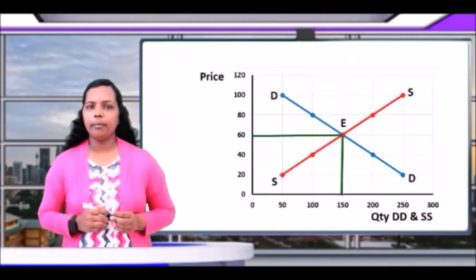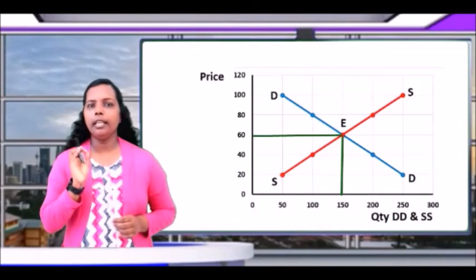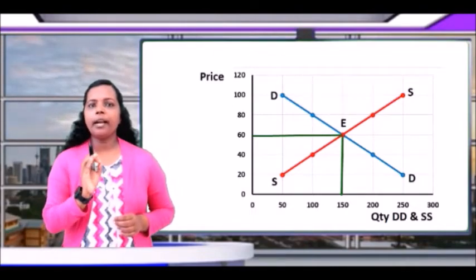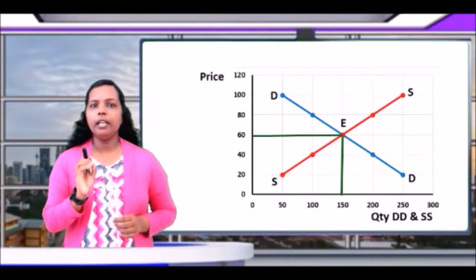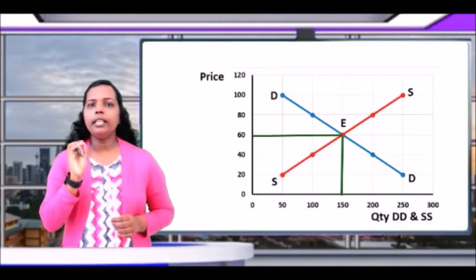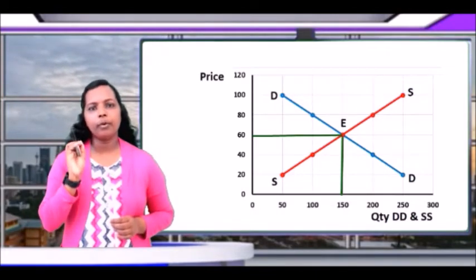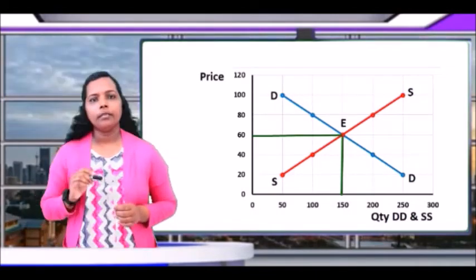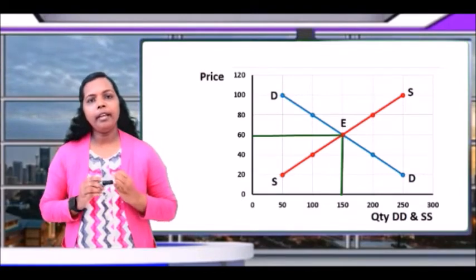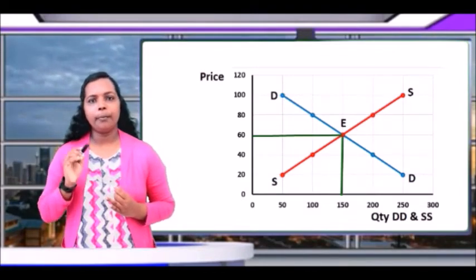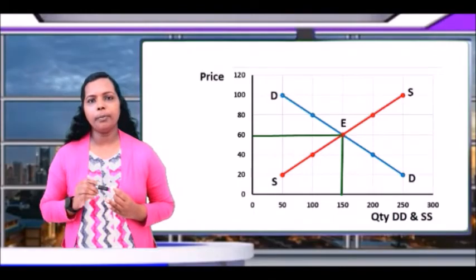Here in our example, the point E is the equilibrium point, the price 60 is the equilibrium price and the quantity 150 is the equilibrium quantity. Remember, the market forces, demand and supply, determine the price. It is called the price mechanism. Now you know the meaning of equilibrium price.